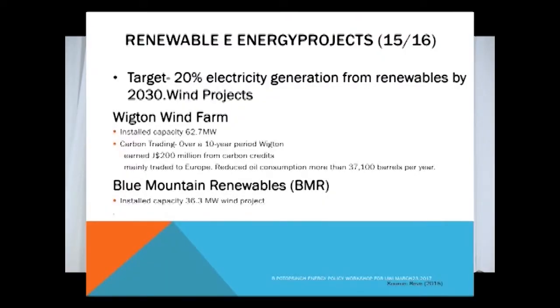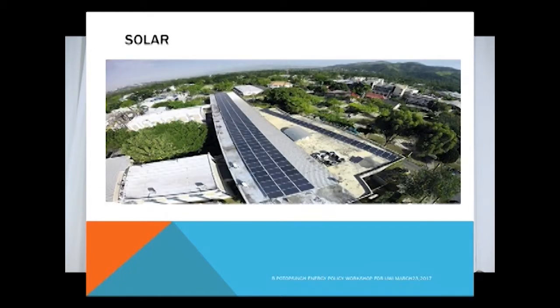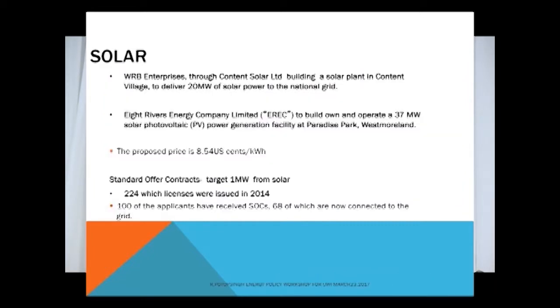Then there's Blue Mountain Renewables, which was mentioned before, with an installed capacity of 36.3 megawatts. We have solar, and that is actually on the roof of one of our buildings at UTEC. And we have the big project at Content, which is 20 megawatts, and then the proposed 8 Rivers project, which is going to be coming soon, to operate at 37 megawatts solar.